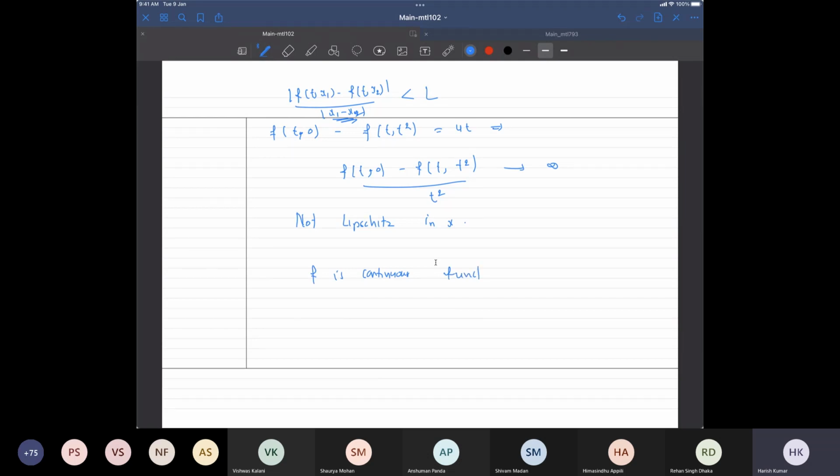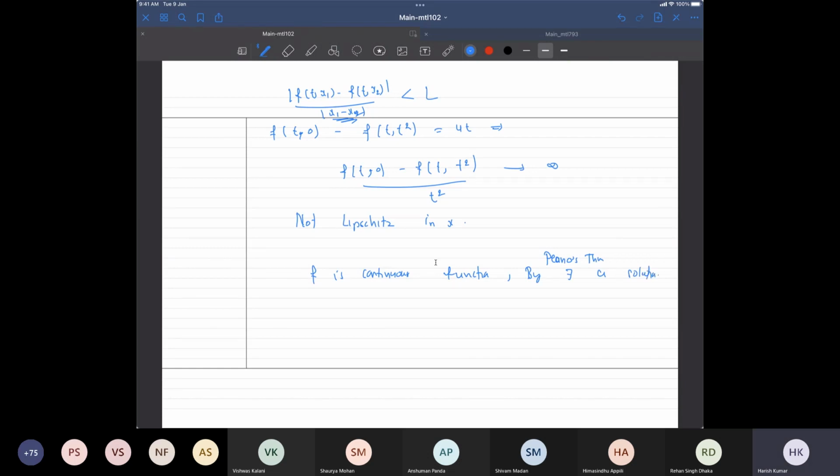So by Peano's theorem, there is a solution. Maybe local, but it's okay. By Peano's theorem, there exists a solution.